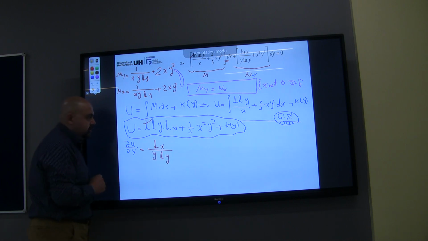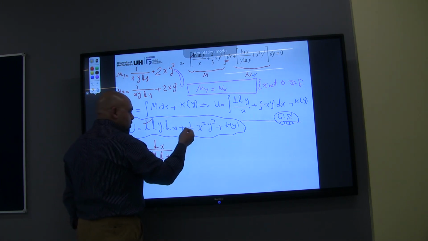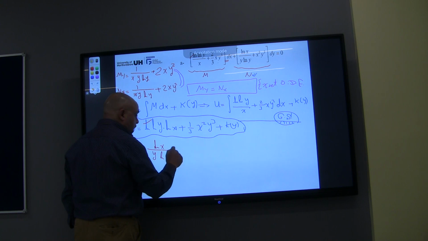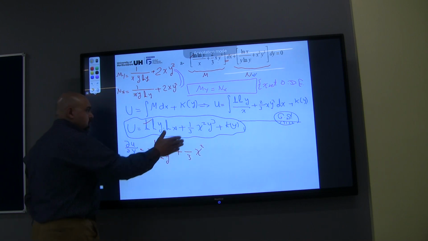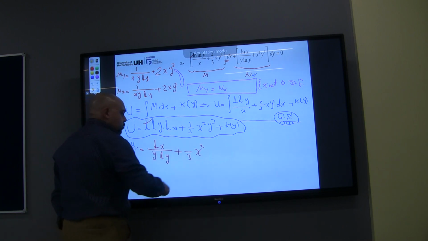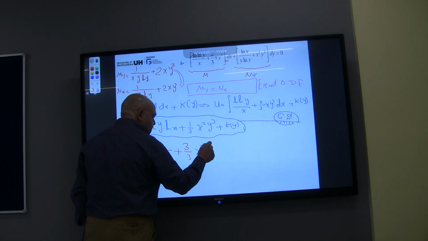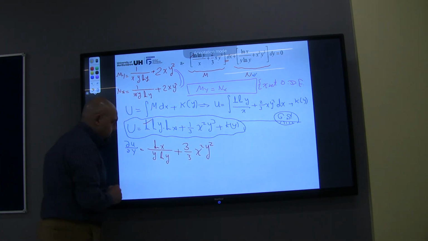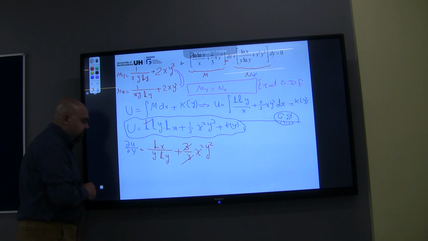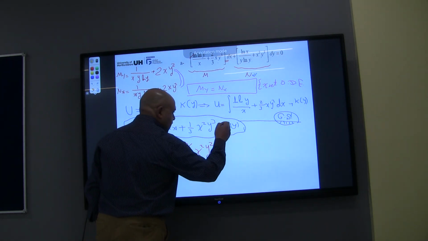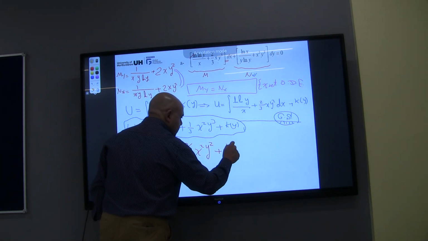The other side, 1/3 x squared is a constant. y to the power 3, once you differentiate it, is going to be 3 times y squared. It means that those two terms will cancel each other, and now you have partial u, wait, sorry, I missed this part, plus k dash of y.